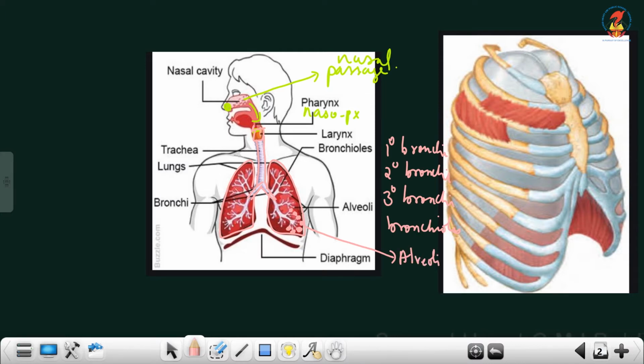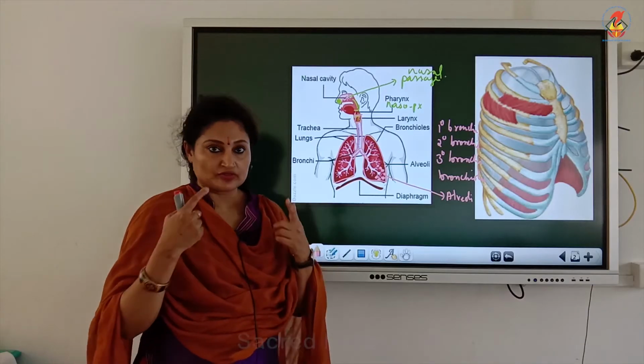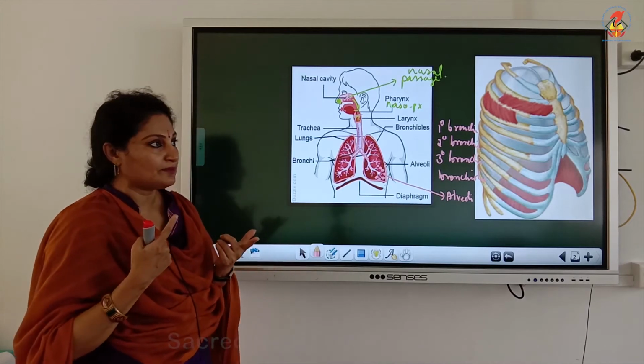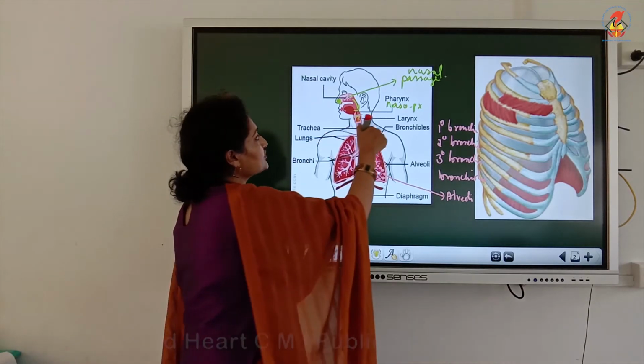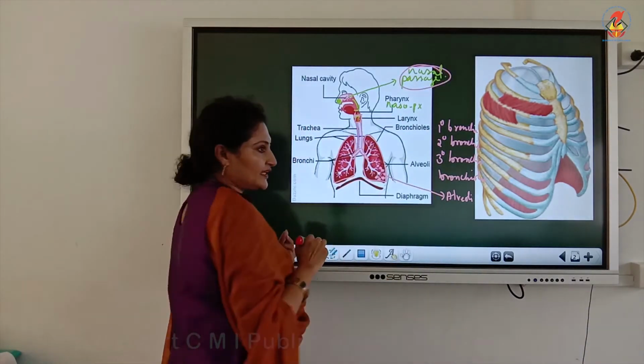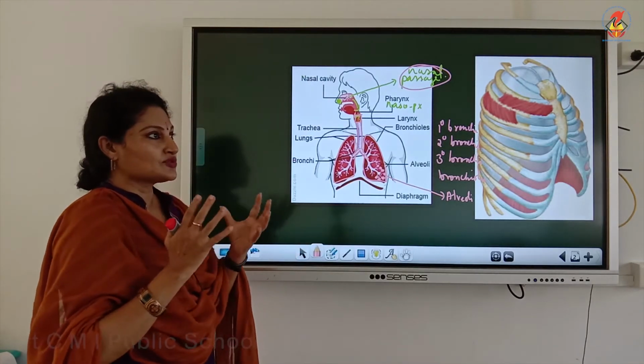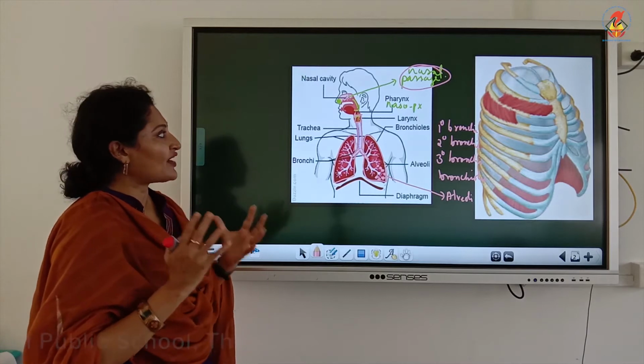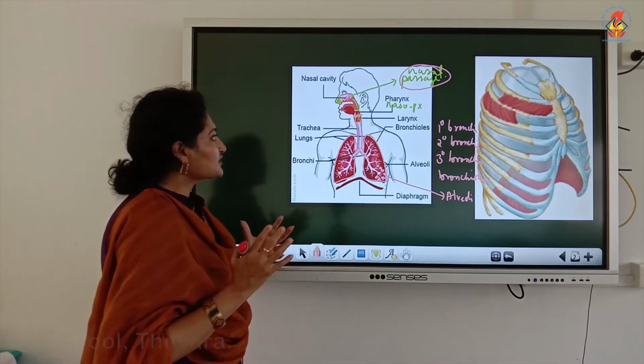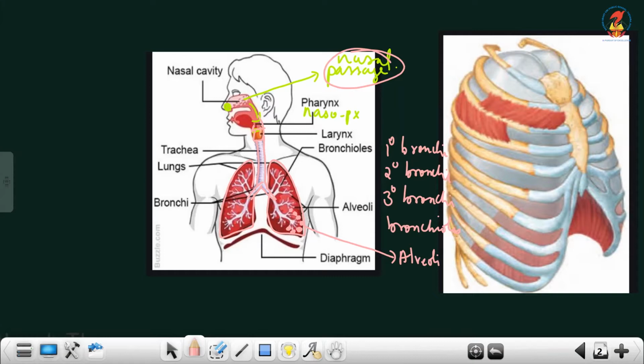So, once again, the respiratory system starts with a pair of nostrils which is above our upper lip. The nostrils lead into the nasal passage. Again there are two going up, then it becomes united and forms the nasopharynx. It's a common junction called the nasopharynx. Then the nasopharynx leads into the larynx, a very important structure.